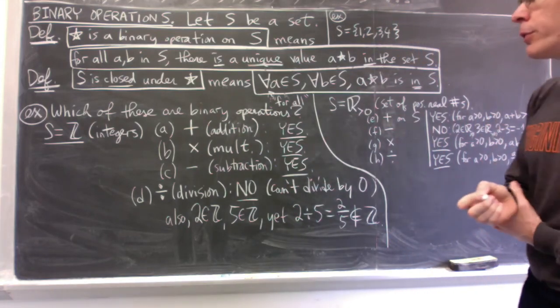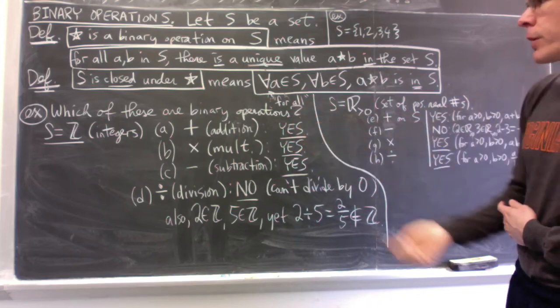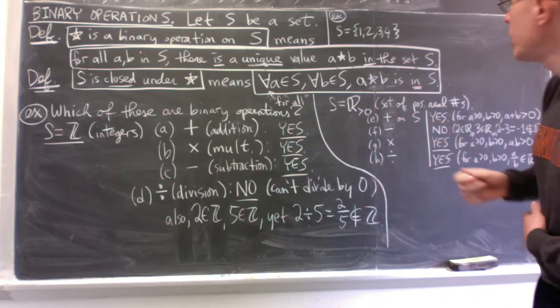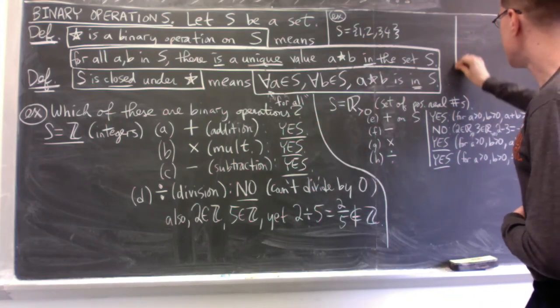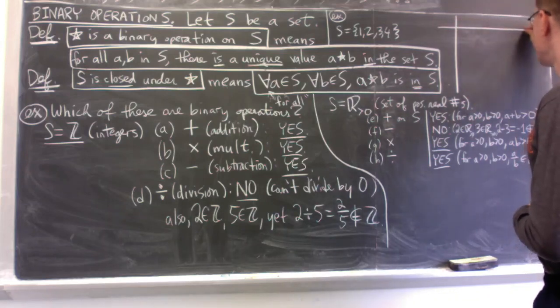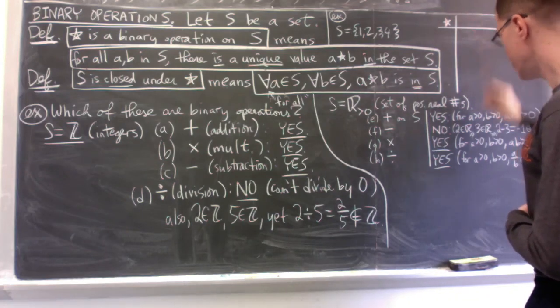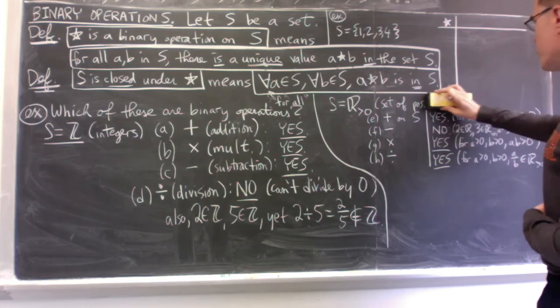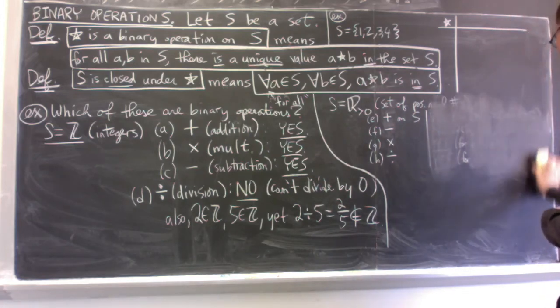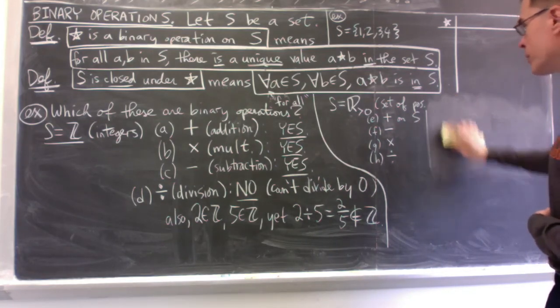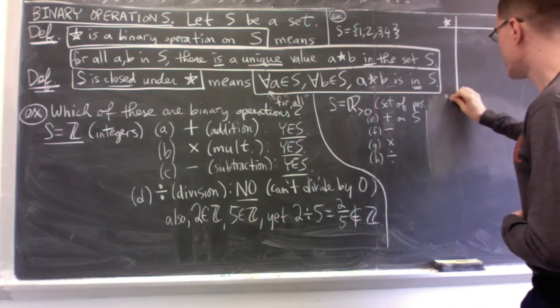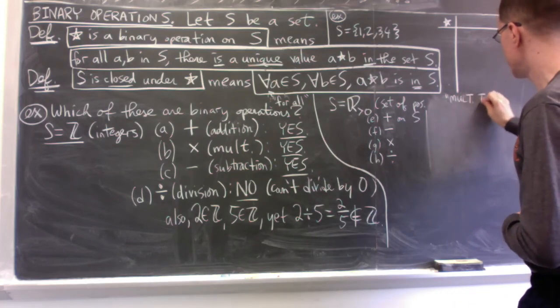And what we often do, you don't have to use arithmetic. You can just make up a rule for calculating star. And it's often called a multiplication table, although it doesn't have to be actual multiplication. It's just a term that's used.